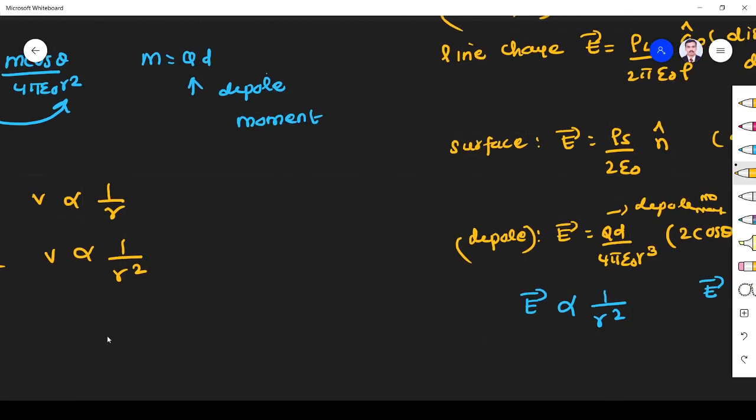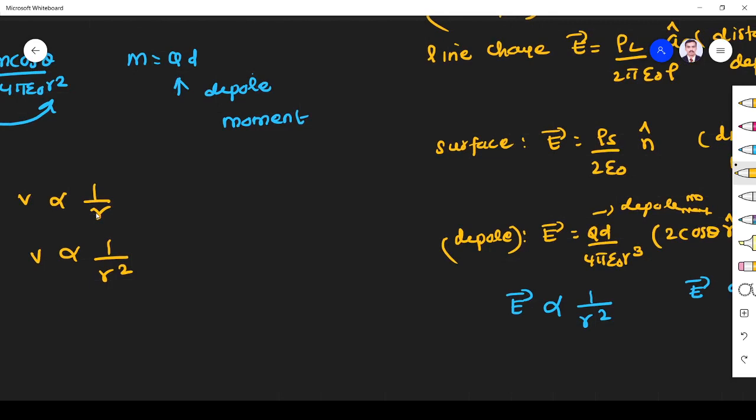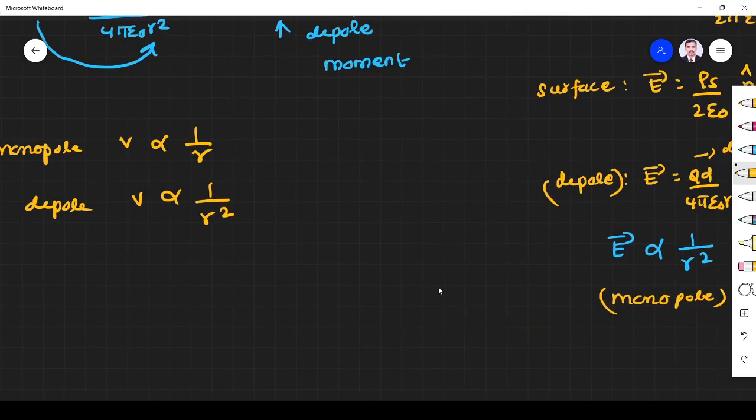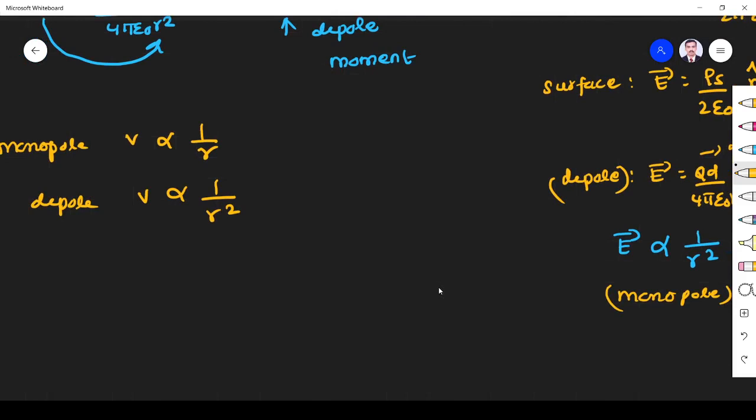Fine. So for a monopole, E is directly proportional to 1 by R square. For a dipole, E is directly proportional to 1 by R cube. So these things we must know. They ask in all the exams, right? This is a very, very important point.